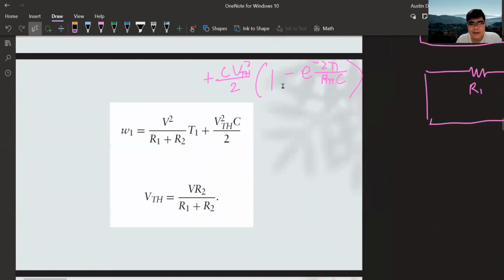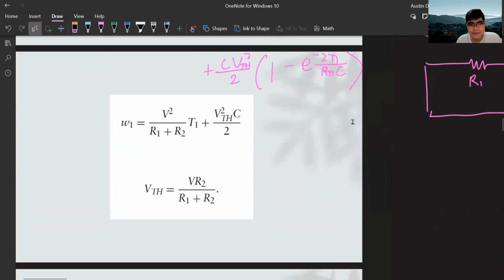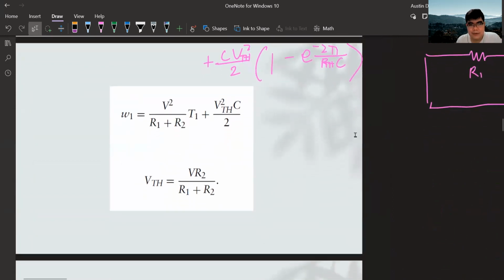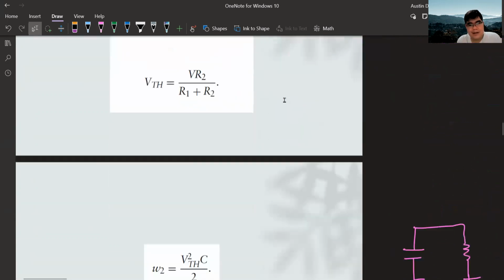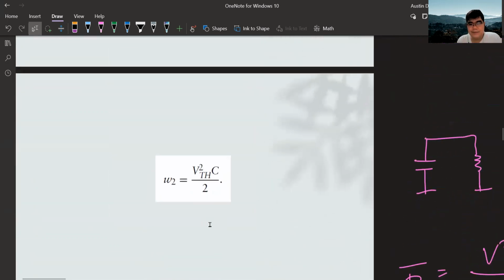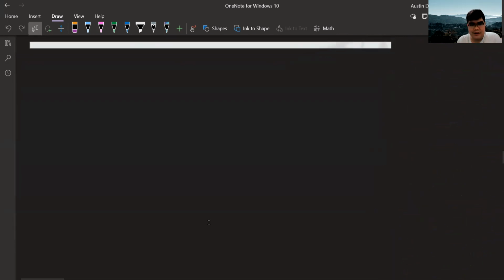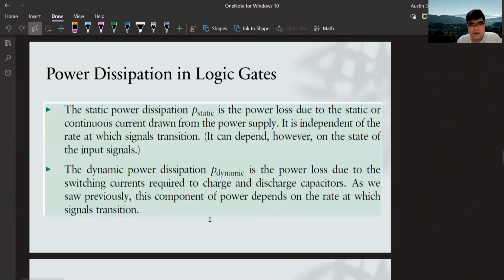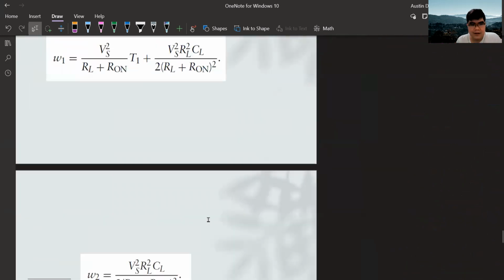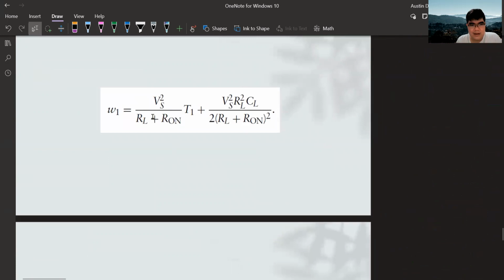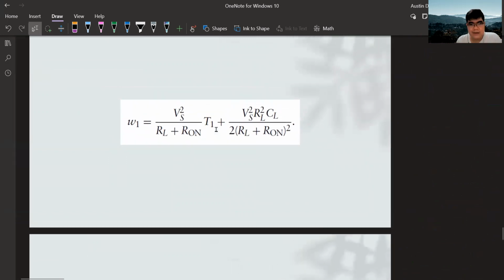Then, as the time is larger than RTH over C, you can simplify it to this. Okay? And as you can see, this part is the same as what we got.